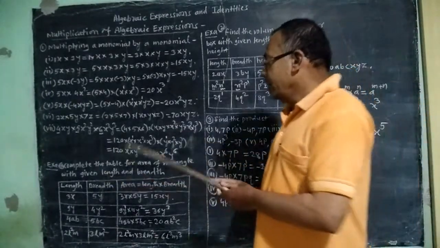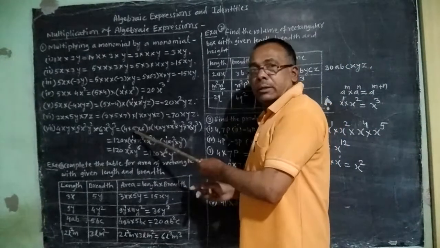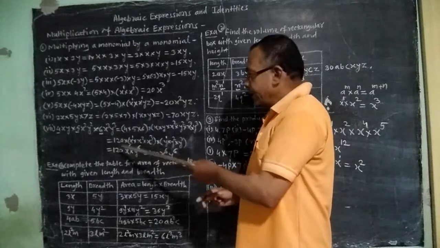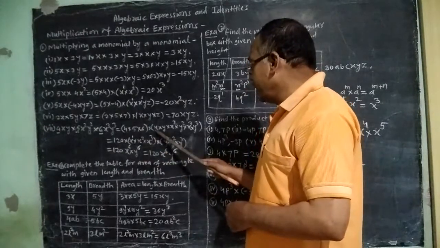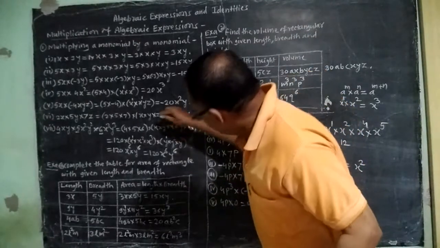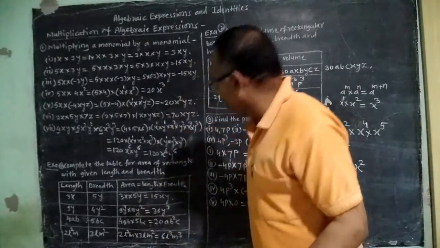And now here 4 5s are 20, 20 6s are 120, and here x is there, again x square and x cube.